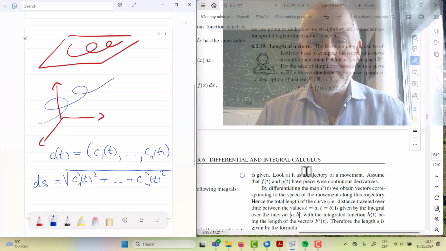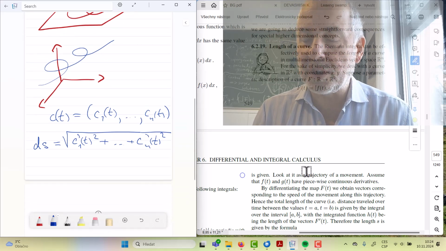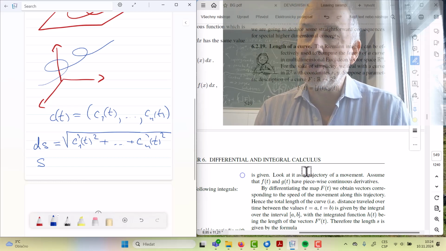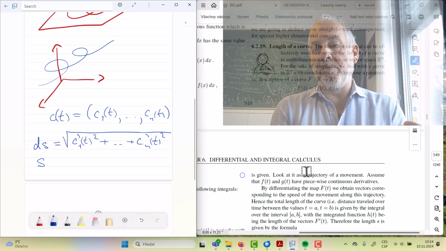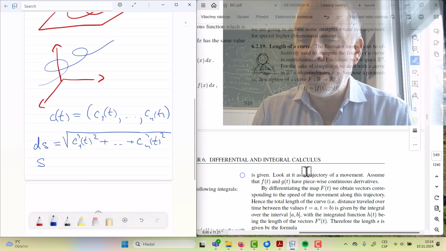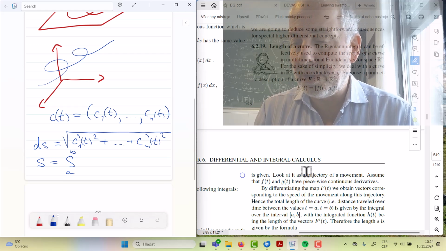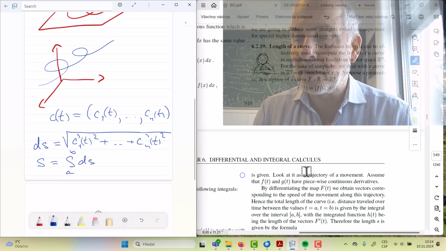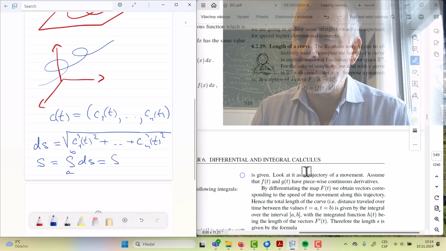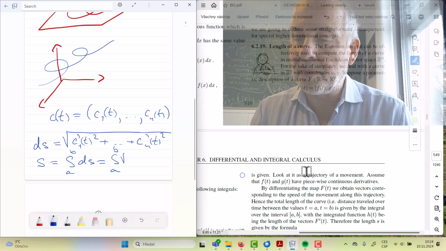And therefore obviously the length, if we parameterize the curve from time, say, a to time b, will be the integral from a to b of this ds, which is the integral from a to b of the square root, so I will not write it again, dt. Right.